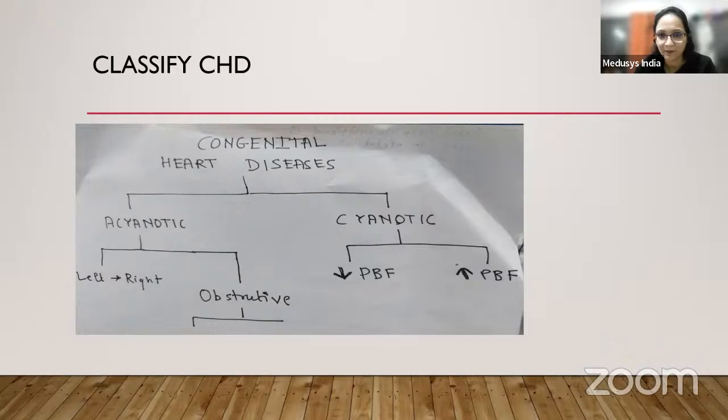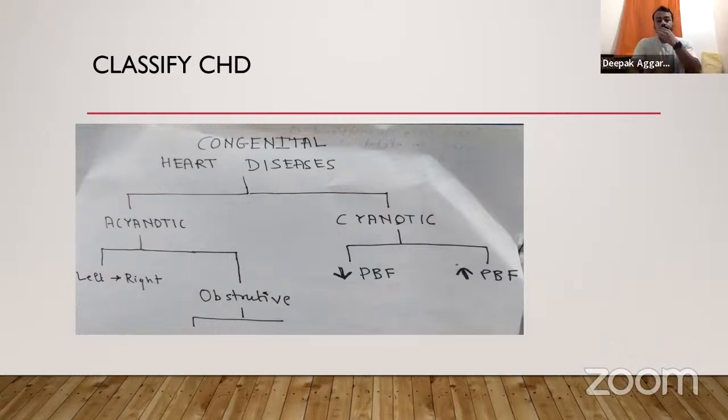In cyanotic, in decreased pulmonary blood flow, it includes truncus arteriosus, tricuspid atresia. Basically TOF is our favorite example, as TOF is also decreased pulmonary blood flow.